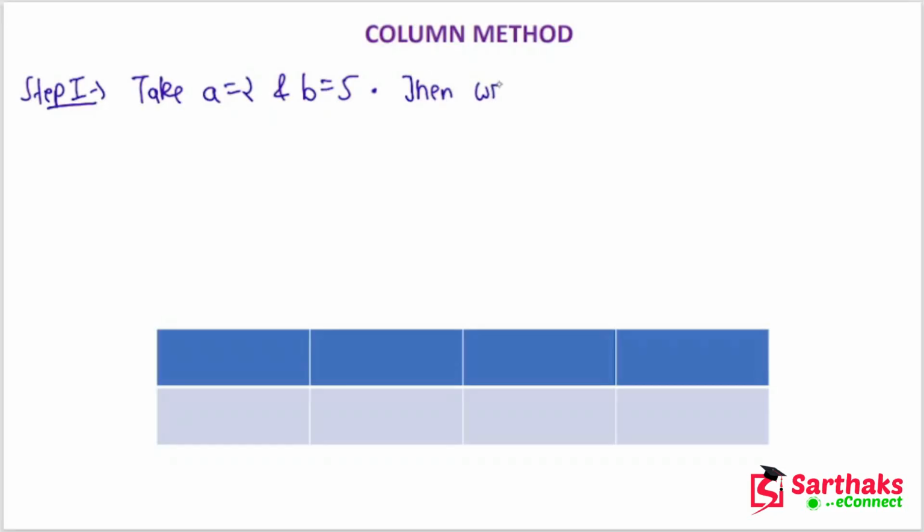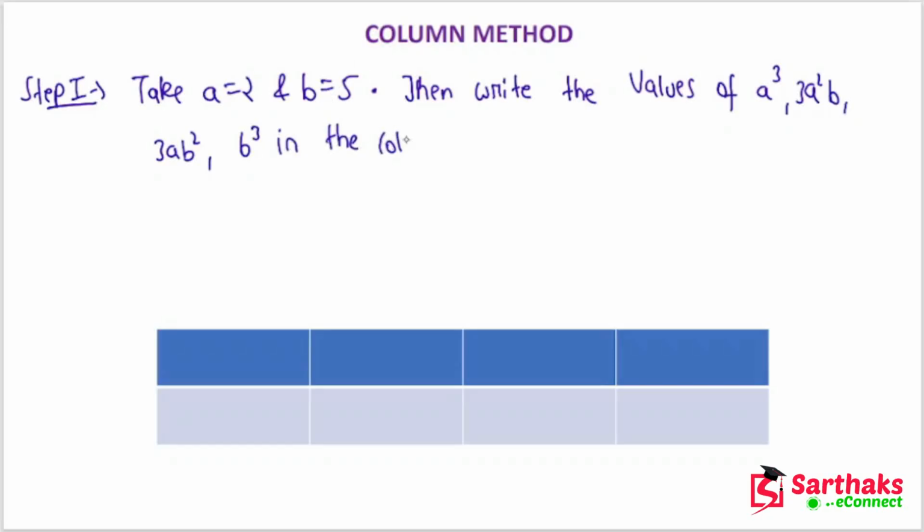Then write the values of a cube, 3a square b, 3ab square and b cube in the columns. Right, so see, there are 4 columns which are awaiting the writing of all these things.